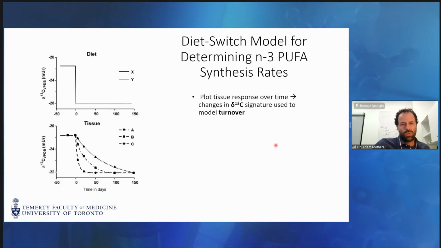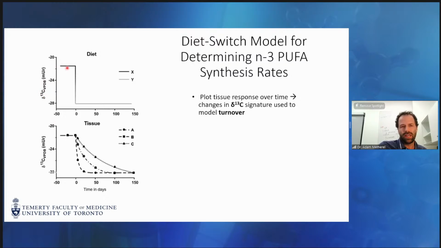So getting into now this new, not new technology, but maybe new application of an old technology, where we're using compound-specific isotope analysis and IRMS to perform these dietary and metabolic studies. During my postdoc, we developed this diet switch model for determining n-3 PUFA synthesis rates. Essentially, we have the C13 signature on the y-axis over time.